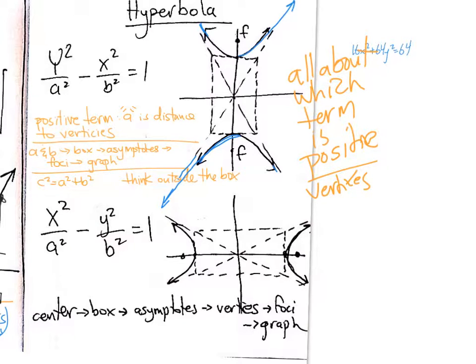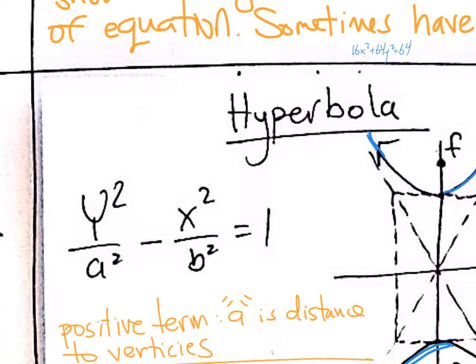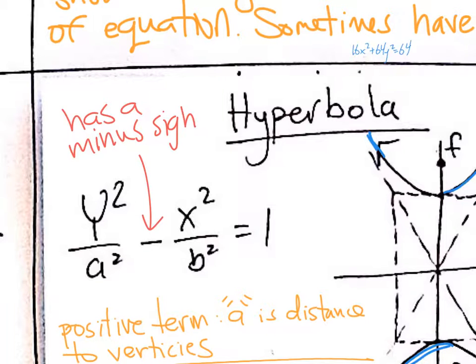And then, comparing and contrasting, notice how the hyperbola has a negative sign. Let's write that in there. It has a minus sign, that's an N sign.